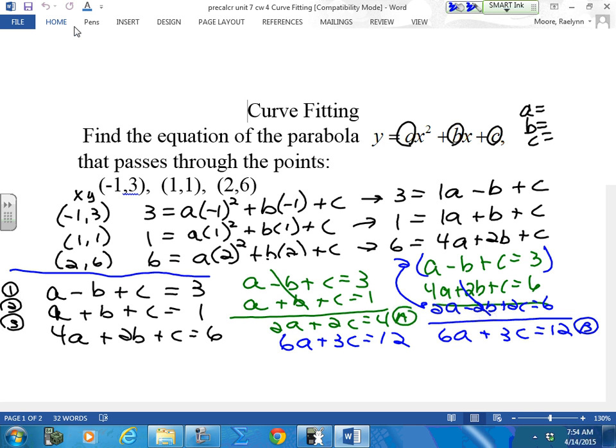These equations came from plugging in the x and the y. We plugged in the x and the y into that format, and we got these. You can't snooze on this. Alright, so now we have to eliminate another variable. Which one would you like to eliminate?